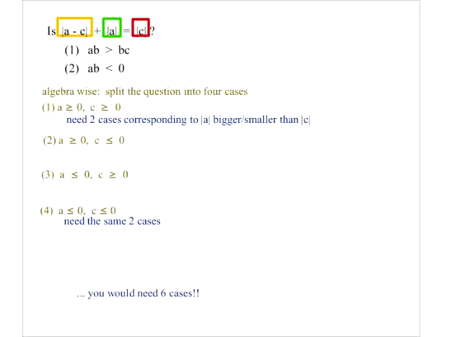So if you have, this is not fun, absolute value A is greater than absolute value C, then you get is A minus C plus A equal to C?